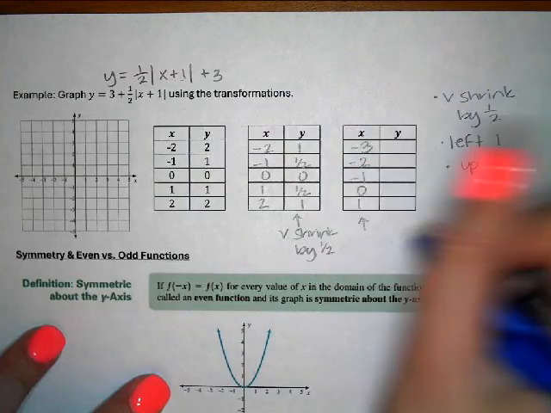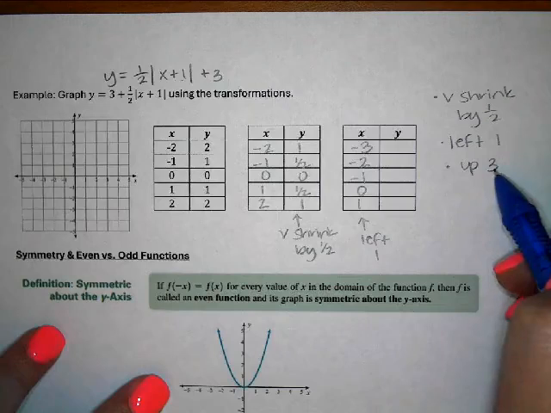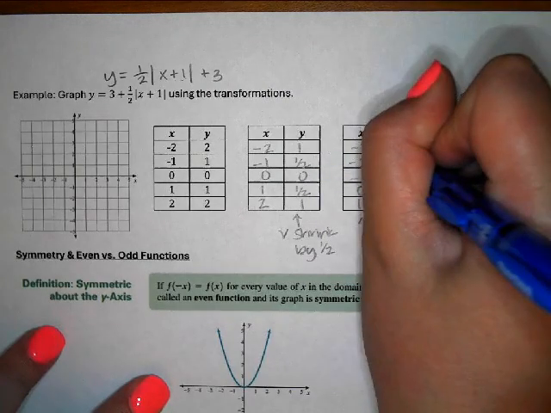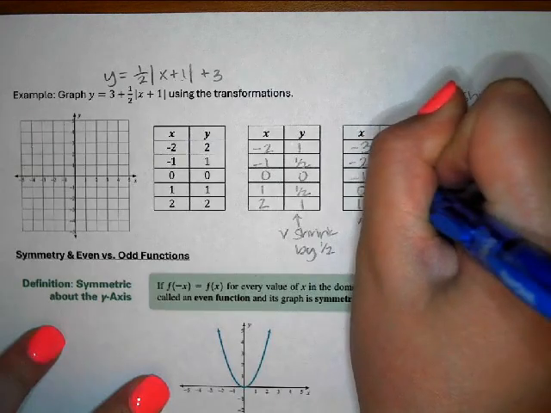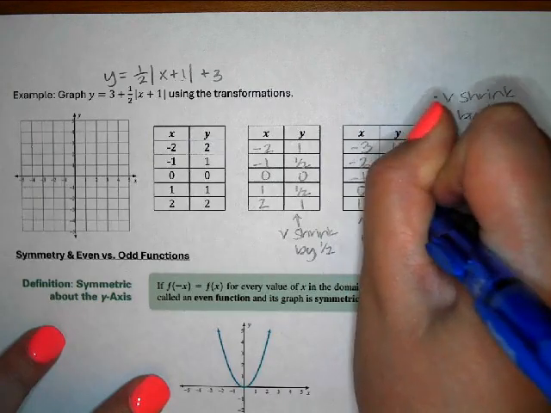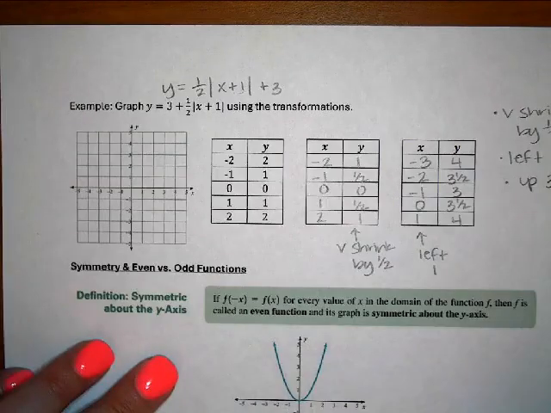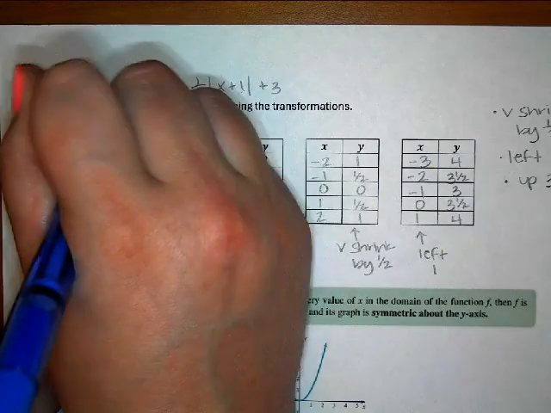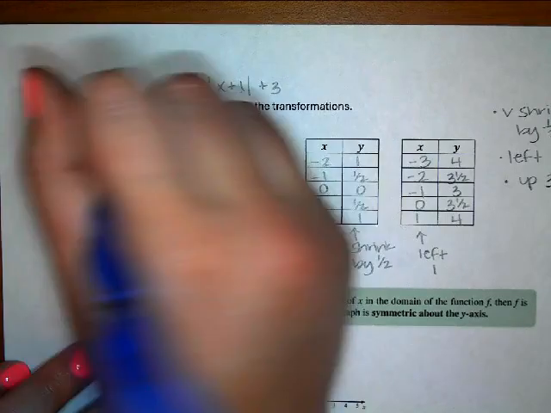And then to shift all the points up 3, I just need to add 3. So 4, 3.5, 3, 3.5, 4. So the points are -3, 4, -2, 3.5, -1, 3, 0, 3.5, 1, 4.